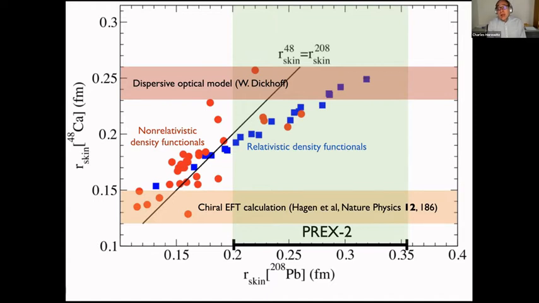How you interpret our measurement of the weak skin in your microscopic model with nucleon-nucleon correlations, that's up to you. And so I look forward to more microscopic calculations. Have you an analytical formula for the description of this dependence? No. No. Thank you.